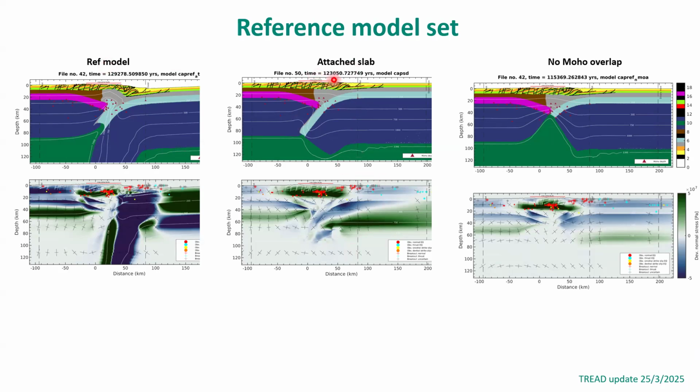On the left we have an attached slab model. In the middle, I'm showing the reference model that I presented at the thread meeting 2 weeks ago. And on the right is a different geometrical variation that I'm testing, where the two plates are not overlapping and there's a very shallow break off.